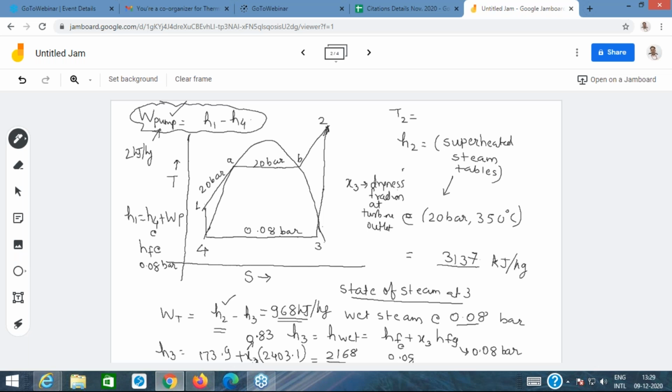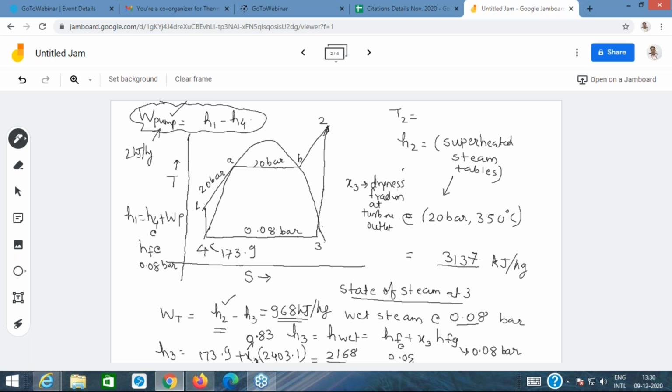H4 is a liquid, so we need to look for the value of Hf, not Hf plus x Hfg. Look for the value of Hf at 0.08 bar and convince yourselves that that value is 173.9.